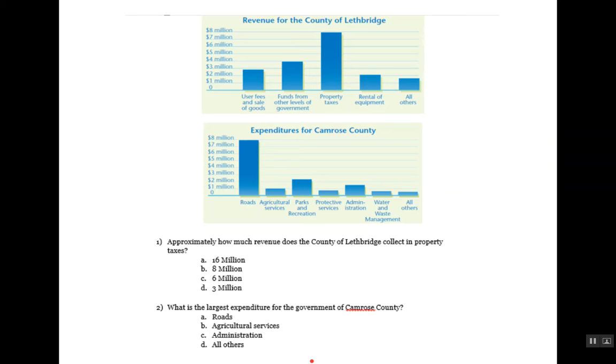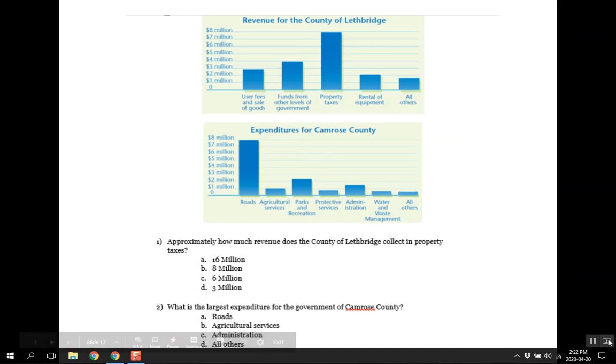A, roads, B, agricultural services, C, administration, D, all others. So pause the video and decide what your answer is. Just doing that so that you know to come back.